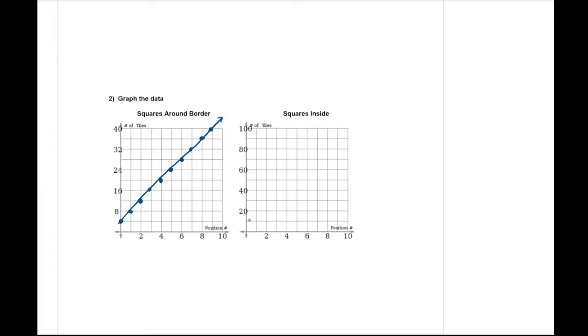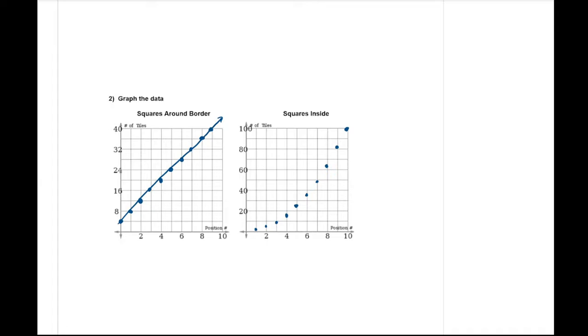So 1 and 1. 1's probably a little bit lower. 2 and 4. 3 and 9. 4 and 16. 5 and 25. 6 and 36. 7 and 49. 8 and 64. 9 and 81. And then finally 10 and 100.